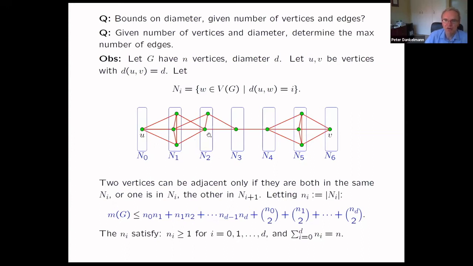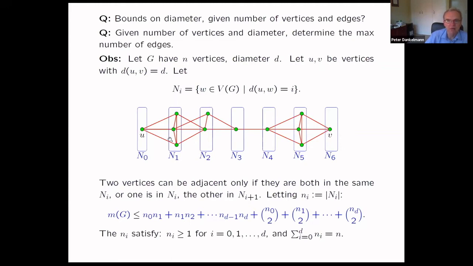And so on. Between n2 and n3, we can have at most n2 times n3 edges, and so on. And if we add all of this up to n(d minus 1) times nd, we get an upper bound on the total number of edges that join a vertex to a vertex in an adjacent set Ni.